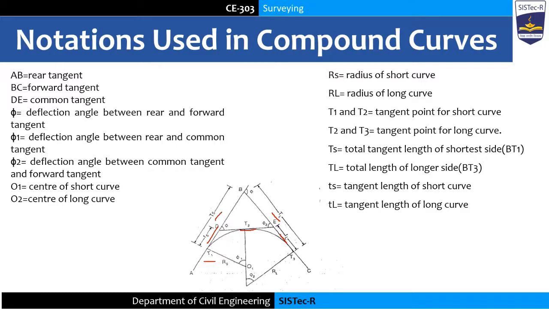So capital TS is the total tangent length on the side of the short curve, and TL is the total length of the longer side. Similarly, small ts and small tl are the tangent length of the short curve and tangent length of the long curve. So basically in this slide we have seen the different notations used in the compound curve and where they are located in this diagram.